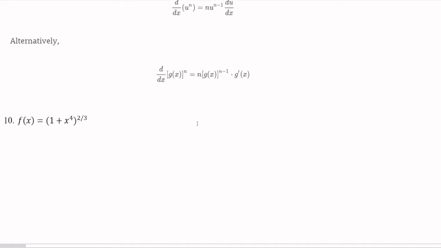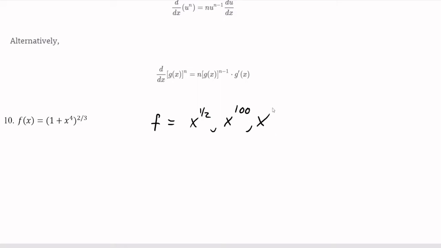But when your outside function is raising to a power, so for example, when your f looks like x to the 1/2 or x to the 100 or any of these things, x to the negative 3/5, anything like this, if that's your outside function, then you can just do this real quickly by pretending this is x for a second. Okay, do the derivative. So drop it, subtract 1.